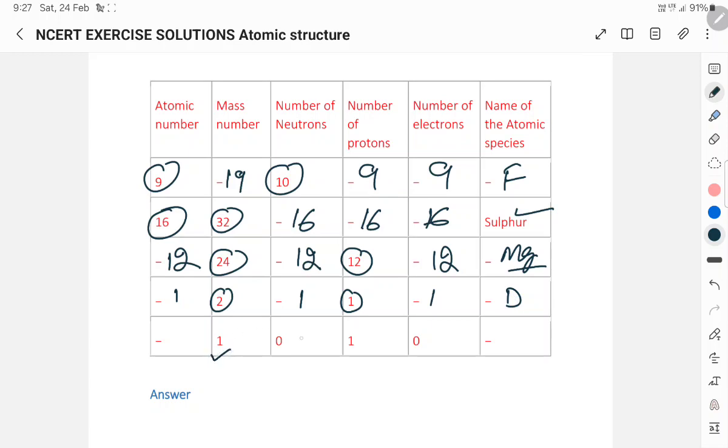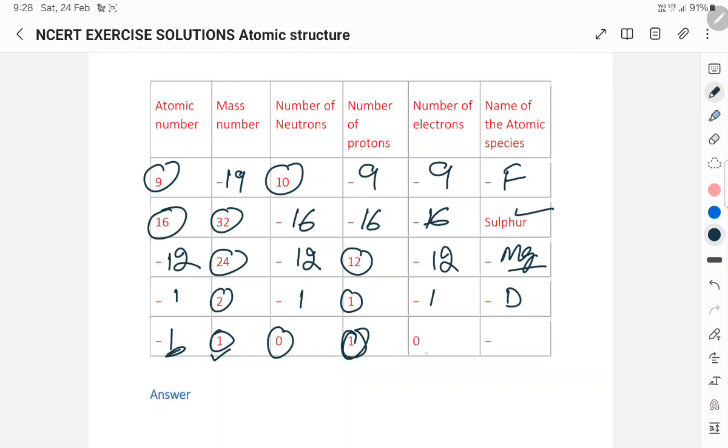So mass number is 1, neutron is 0, proton is 1. So atomic number is also 1, right? If we see here, mass number is 1, proton is 1, atomic number 1, right?